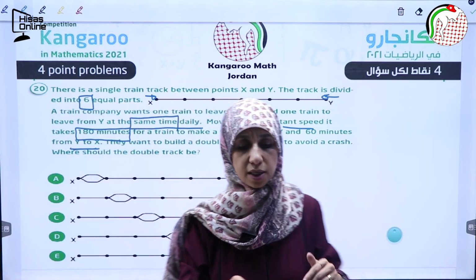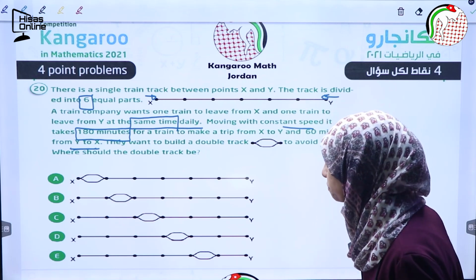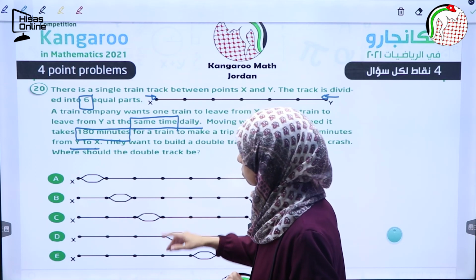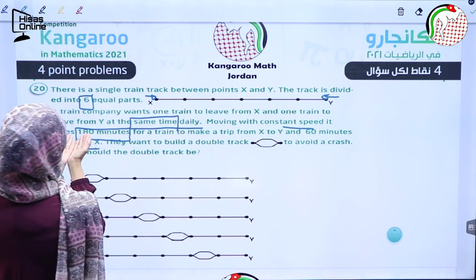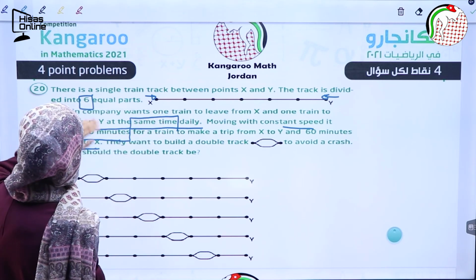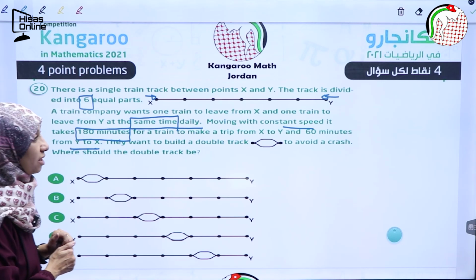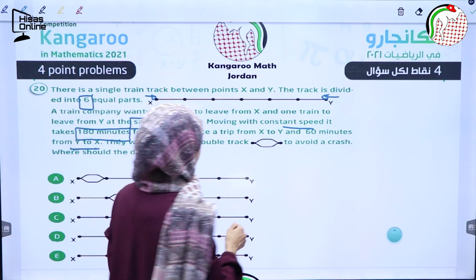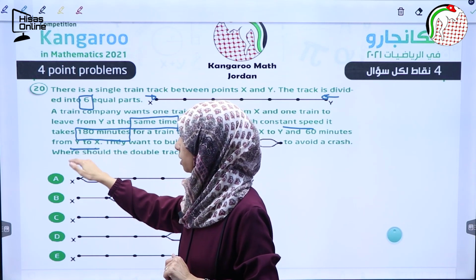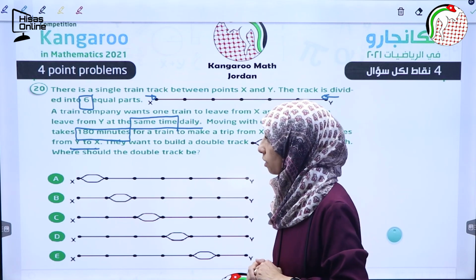Let's see options A, B, C, D, and E. So let's see the minutes needed to make the trip and compare the speed, or compare how long it will take each train to move on the track.